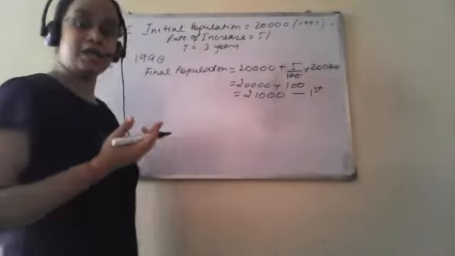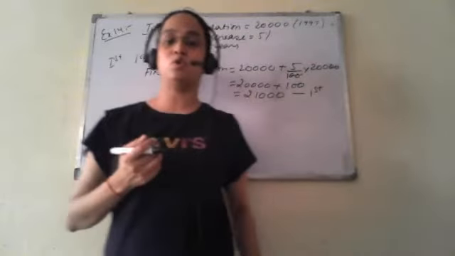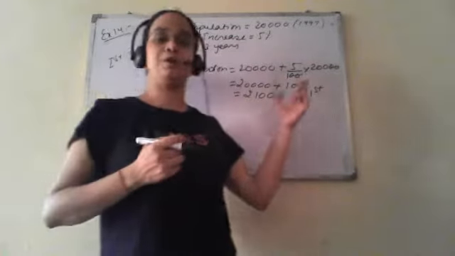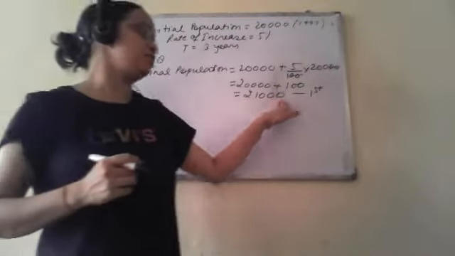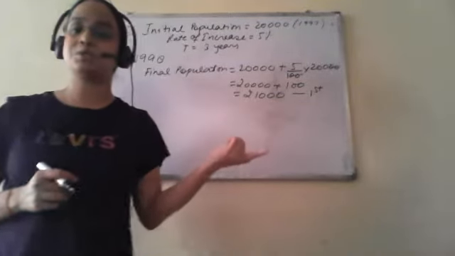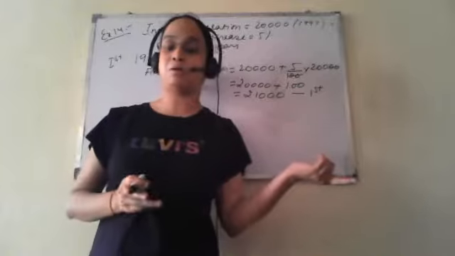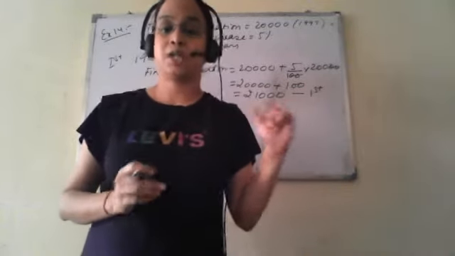Now, like in the case of compound interest, where the amount of the first year is treated as the principal for the second year, it is the same in this case. This population at the end of 1 year will be treated as the principal, or the population, for the second year.